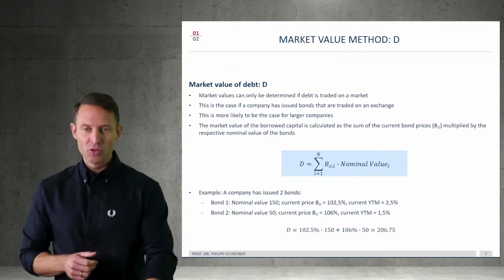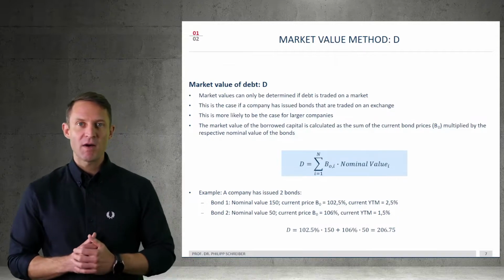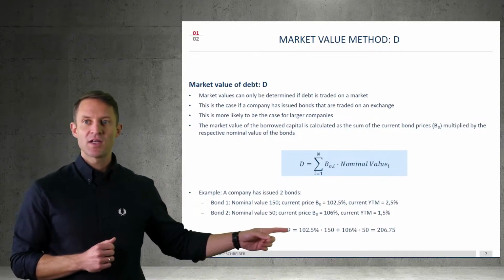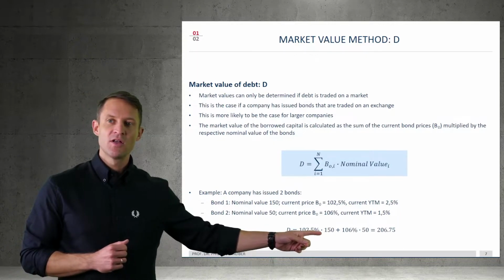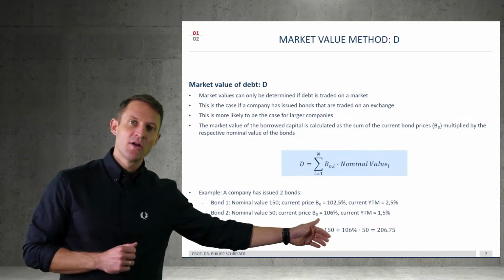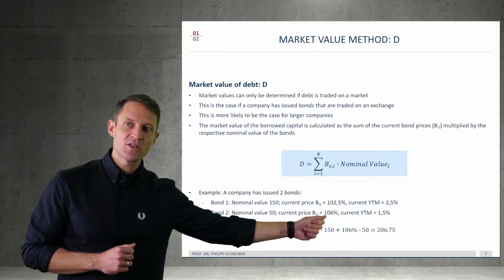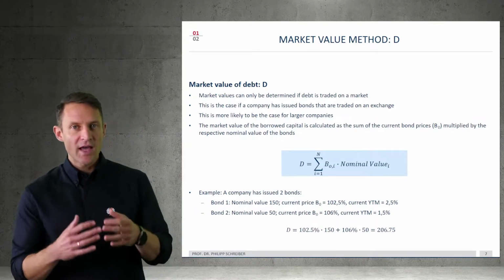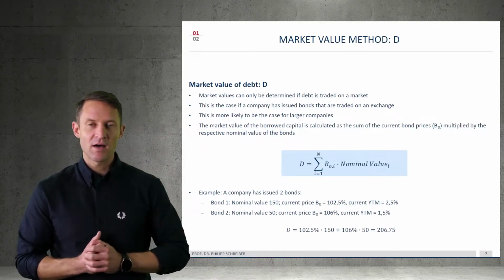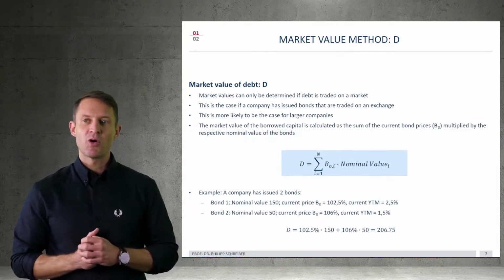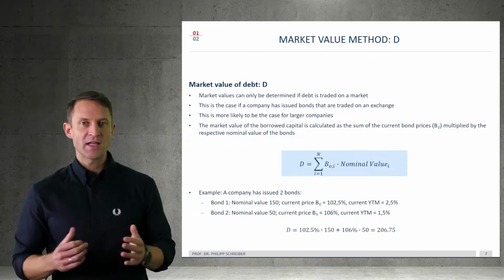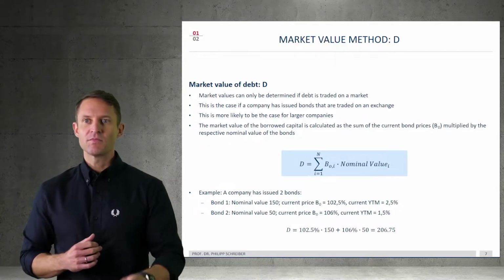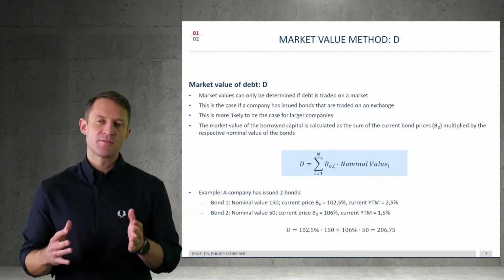So what you would do to find today's market value of debt is you take the bond price of bond 1, multiply it with the nominal value, plus the price of bond 2, multiplied by its nominal value, and you would find today's value of this company's debt is 206.75 million euros. That's the idea here. Okay, I think that makes sense.